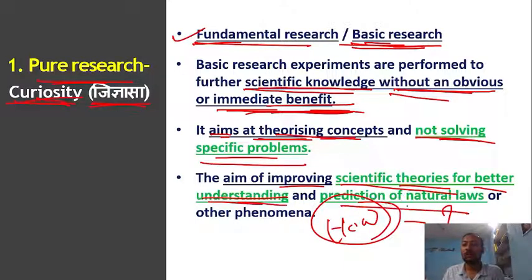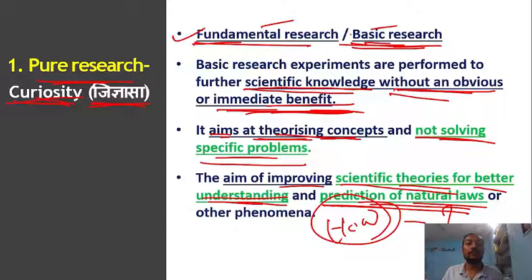See, predictions of law. You can think this is the cause and this is the effect. Thinking level, predictions. It may not be scientifically proved; scientific proof would be some other study. So what concept are we getting from this type of research? This is known as fundamental research as well as basic research. Same thing, the question may be asked in either form.